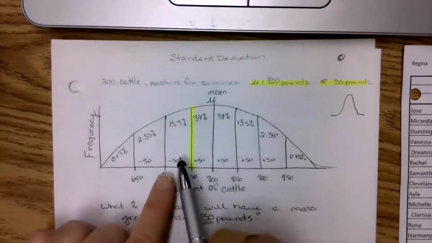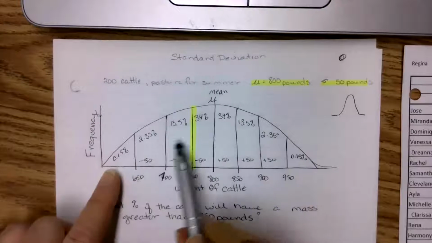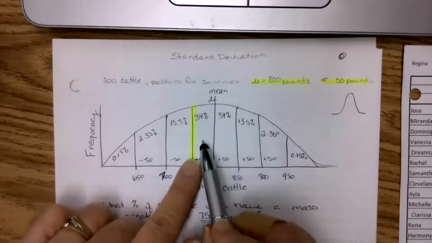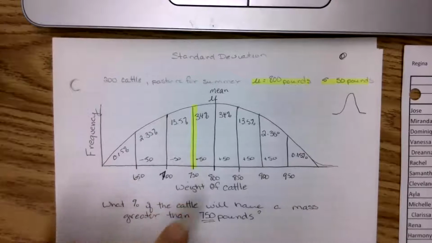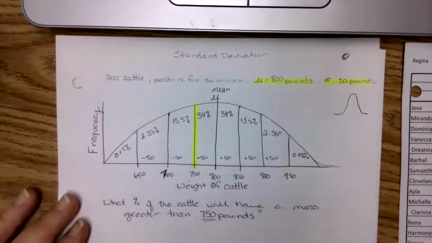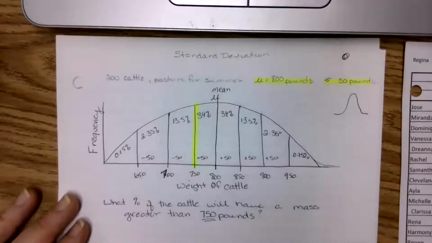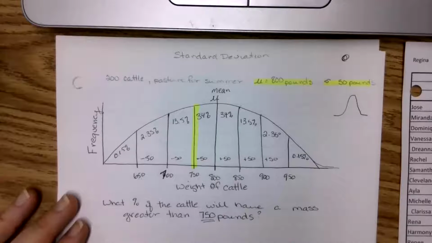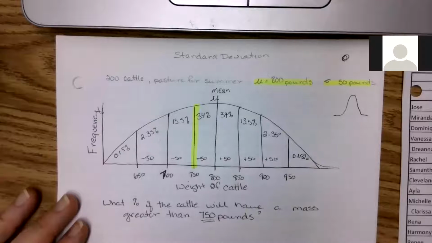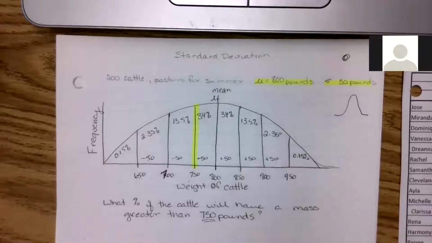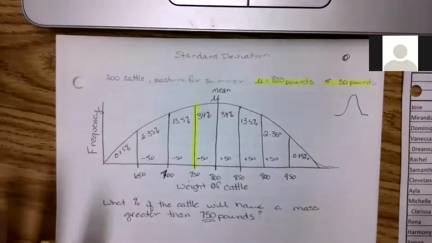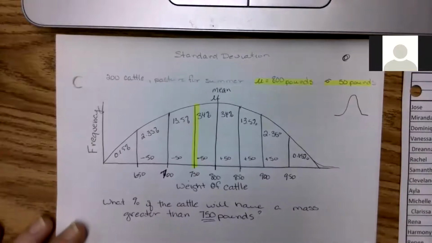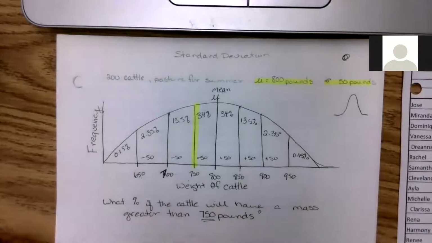So, Driana, is it going to be to the left that's greater than 750? Or is it to the right that's greater than 750? The right side? Perfect. There was a little pause there because I don't remember which is left and right, and that's just my issue. But right.